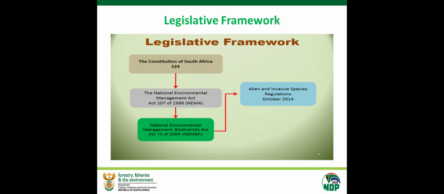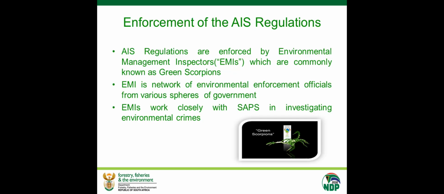We've got CITES, Convention on International Trade in Endangered Species of Wild Fauna and Flora, and we have the Alien Invasive Species Regulation, which I'm going to talk about today. It came into effect on 1st of October 2014, but we have the latest amendment which came into effect in 2020.